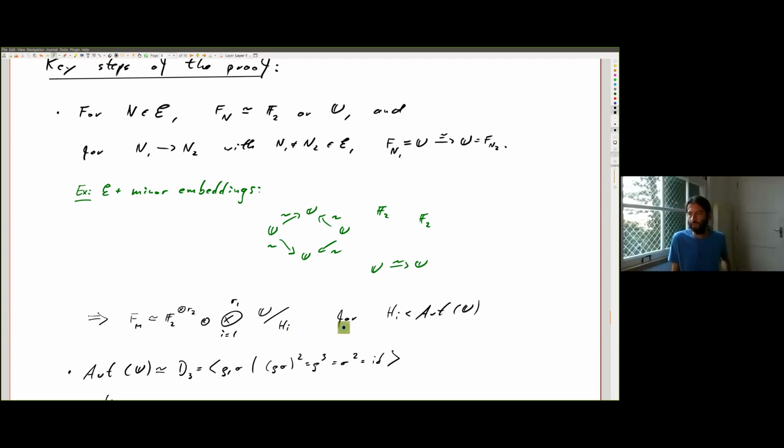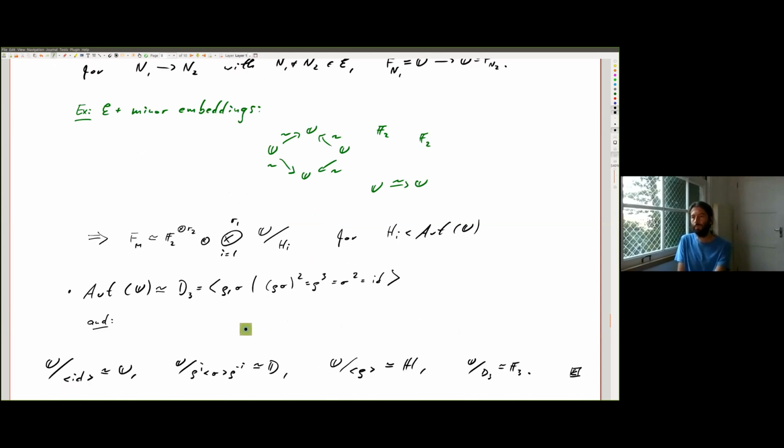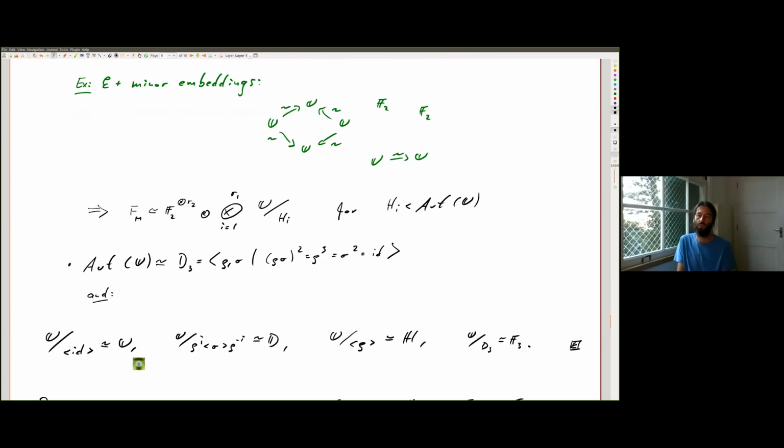So Hi is some subgroup of the automorphism group of U. Right. We can study these quotients. First of all, the automorphism group of U is a dihedral group D3 with 6 elements generated by a rotation rho of order 3 and a reflection sigma.